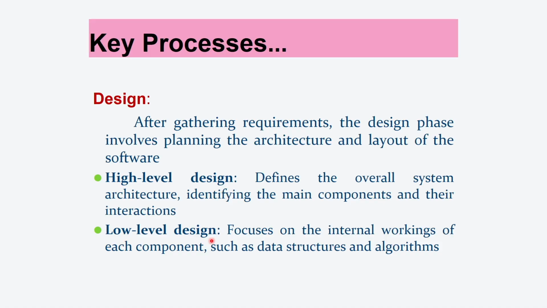High level design is used to define the overall system architecture, which identifies the main components and their interactions. Then low level design focuses on the internal workings of each component, which represents the data structures and algorithms.